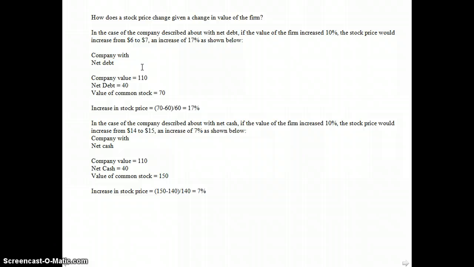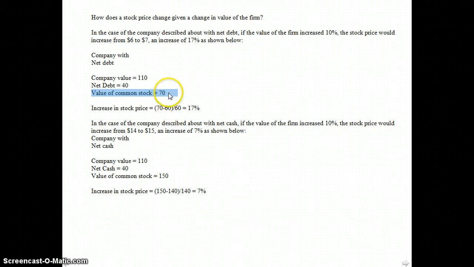So let's look at the company that has net debt first, and I'm going to highlight this here. Here's what the company value was: 100, now it's worth 110. It still has a net debt of 40, and that means that the value attributable to the common stock is 70. Just taking the value of the whole package, attributing part of it to debt, part of it to shareholders.